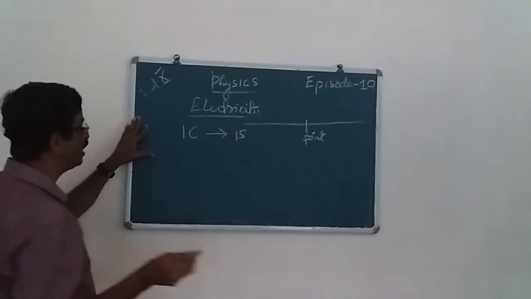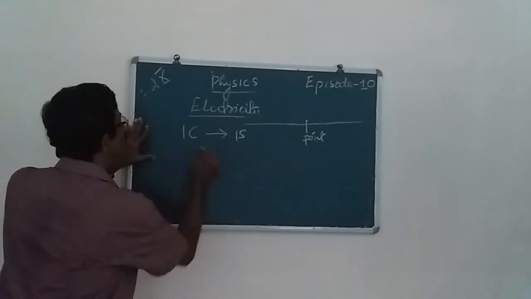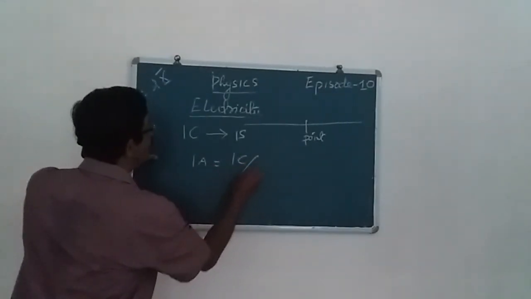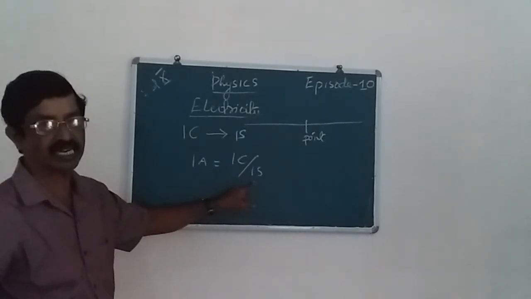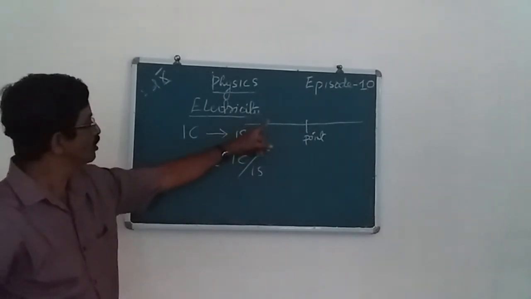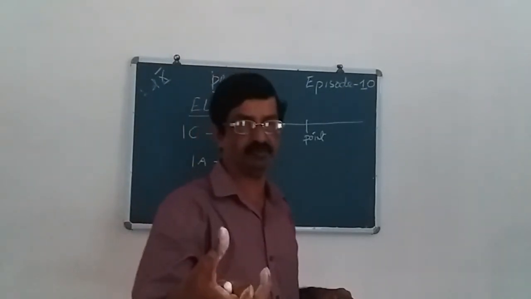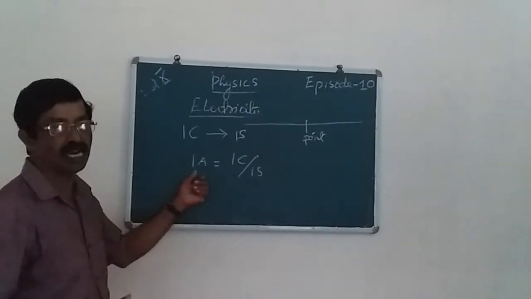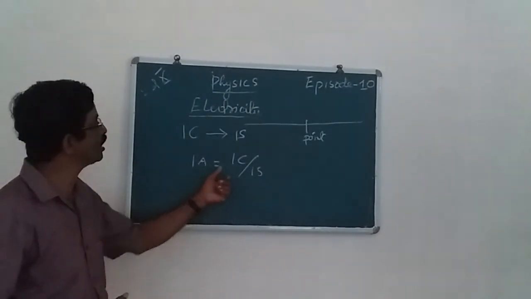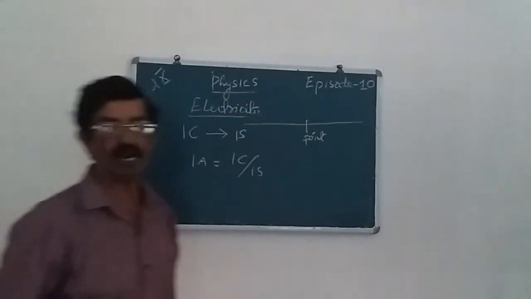Then 1 ampere is equal to 1 coulomb by 1 second. That means if 1 coulomb charge flows through a conductor in 1 second, then the current through it is 1 ampere. This way we can define 1 ampere current.